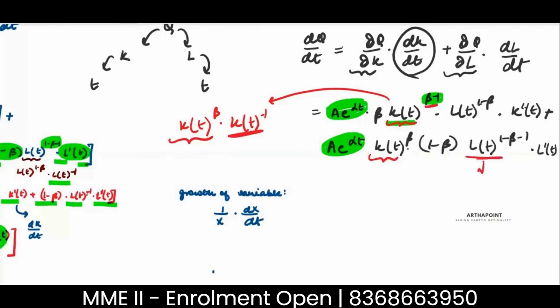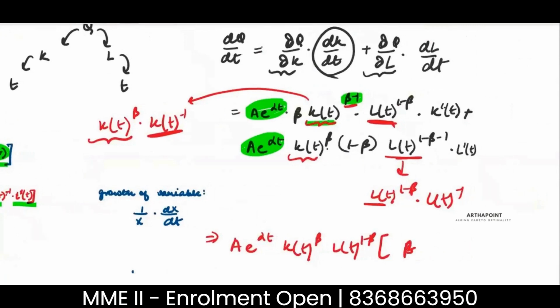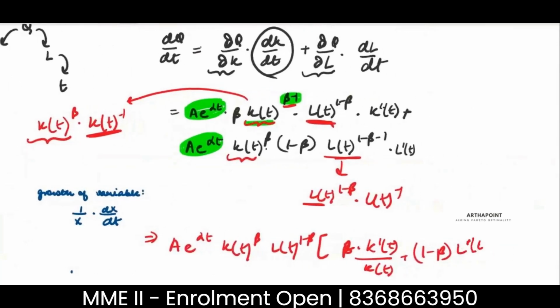Similarly, this can be written as Lt to the power 1 minus beta into Lt to the power minus 1. So you can take this common. And after taking common, you would have got A e to the power alpha t, Kt to the power beta, Lt to the power 1 minus beta into beta K dash t upon Kt plus 1 minus beta L dash t, since they have negative power, right? So upon Lt.